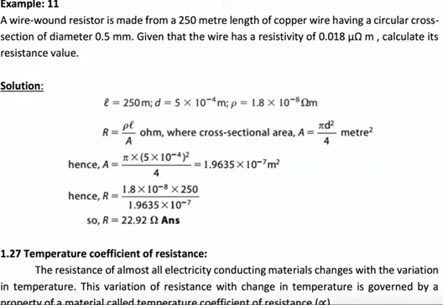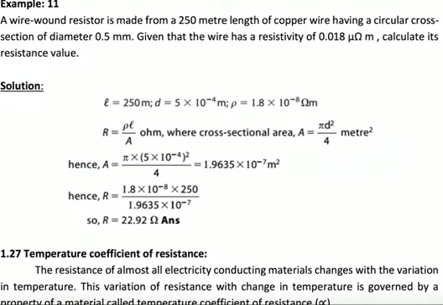A wire wound resistor is made up of 250 meter length of copper wire, and the diameter of the cross section is given as 0.5 mm. Given that the wire has a resistivity of 0.018 micro-ohm meter, calculate its resistance value. Yes, we need to use the same formula, but for area you have to use pi d square by 4 because the diameter is given. So find the area first, and length is 250 meter.